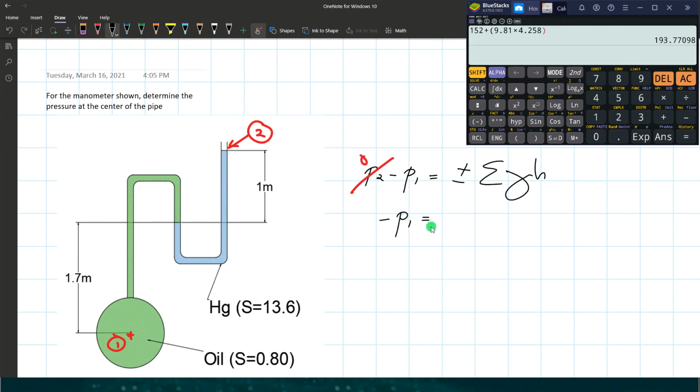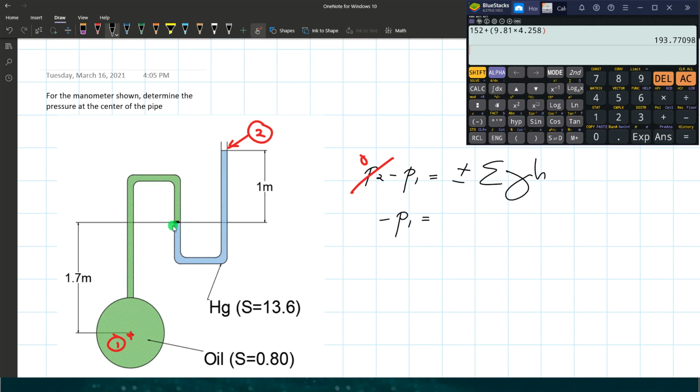Negative P1 equals plus or minus sum of gamma H. So starting at point 1, considering this liquid that is oil. So we start at point 1 and the oil ends at this point. So this is the interface between the oil and the mercury.